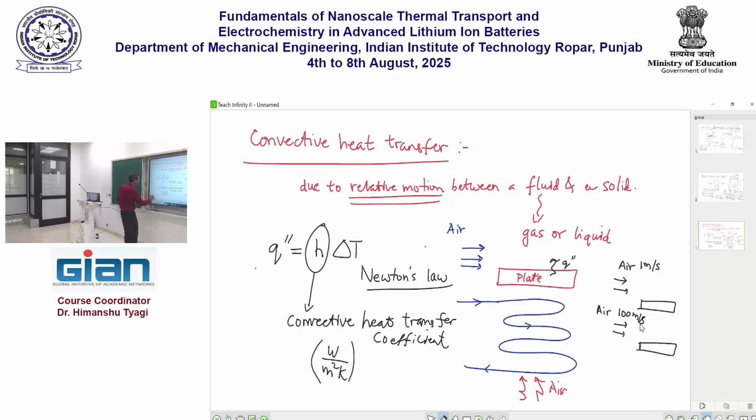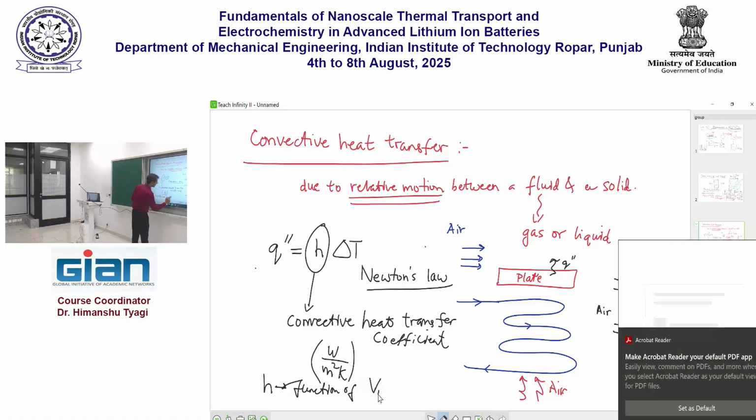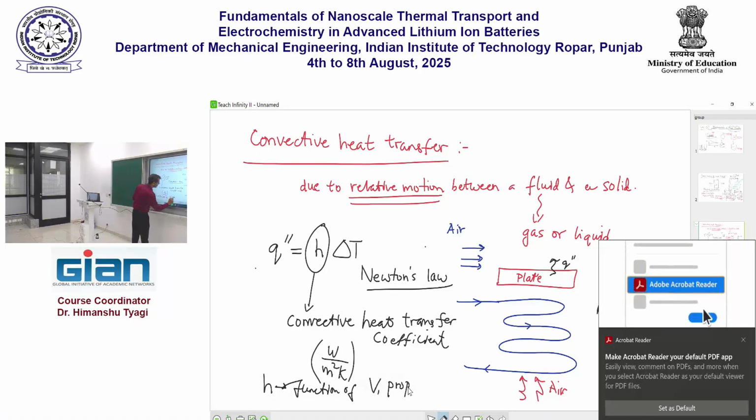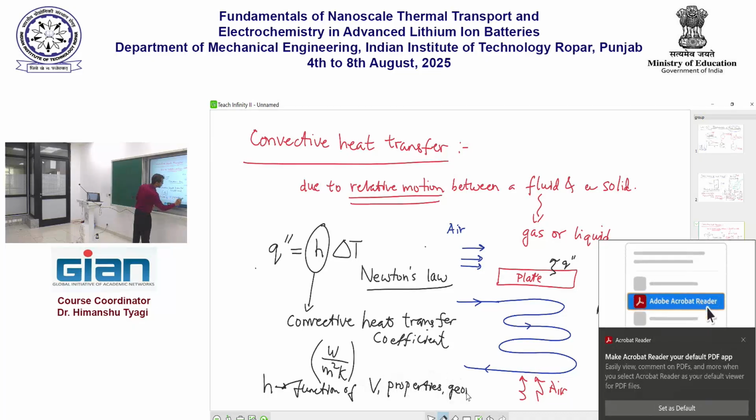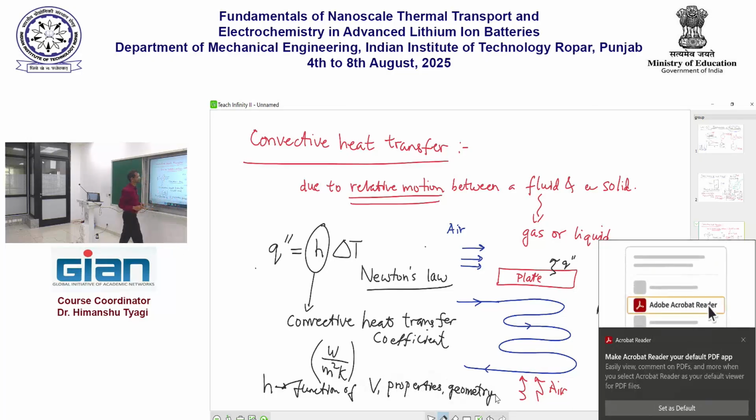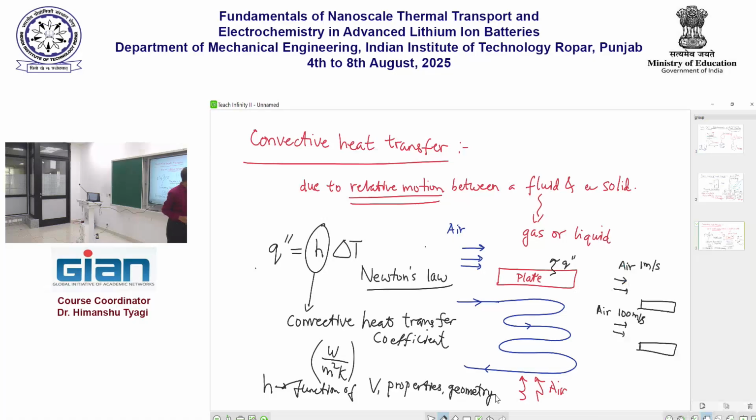The heat transfer coefficient H is a function of the velocity, the properties of the fluid, and the geometry. Velocity you already saw, right?